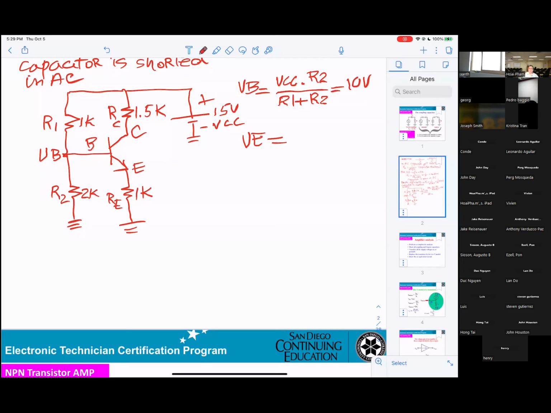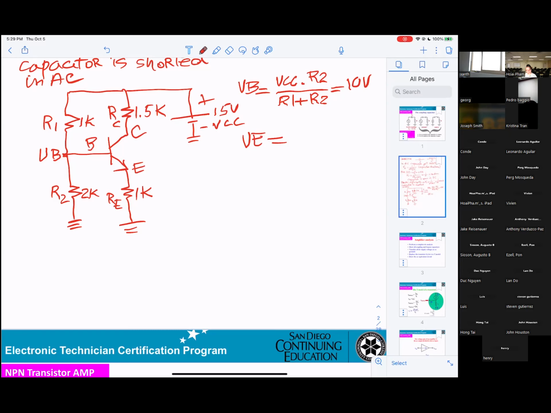So what does VE equal? Just talking about the formula first.